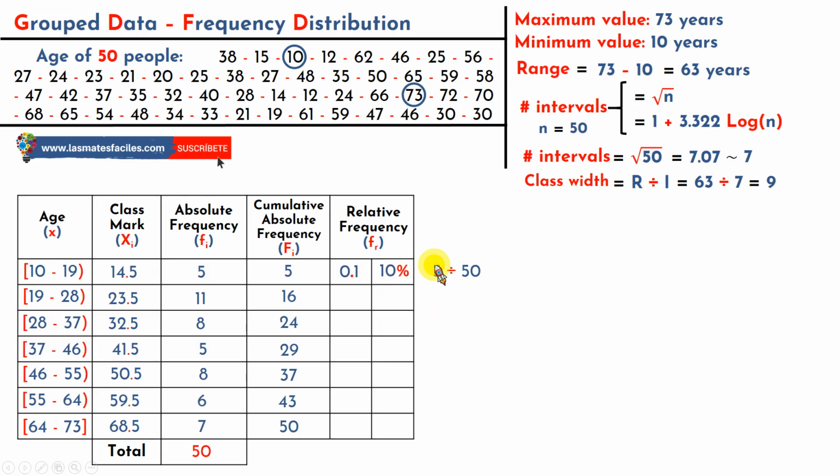This 5 corresponds to a 10% relationship of the total. 5 is 10% of 50. That is the relationship, that is the relative frequency. I divide this 11 by 50, that gives 0.22, and if I multiply by 100 I get 22%. 8 divided by 50 equals 16%, and I continue like that with the rest.